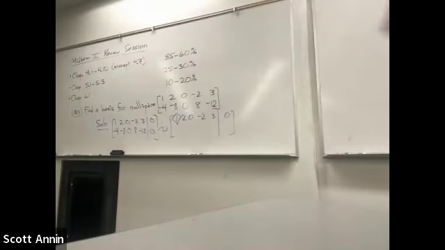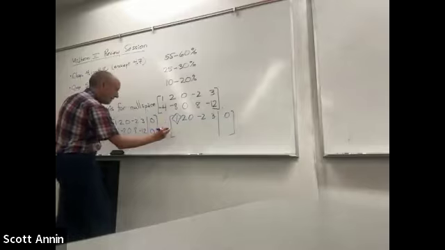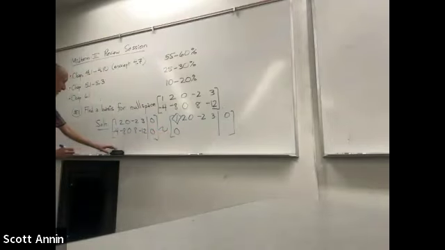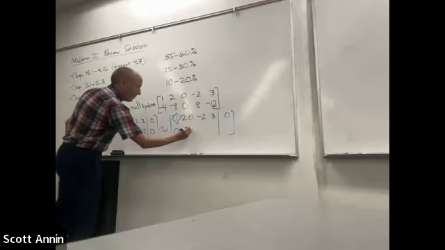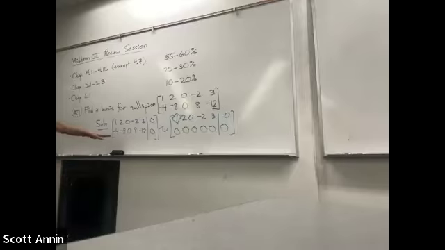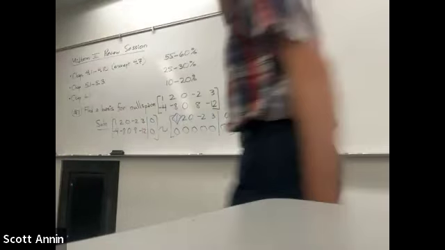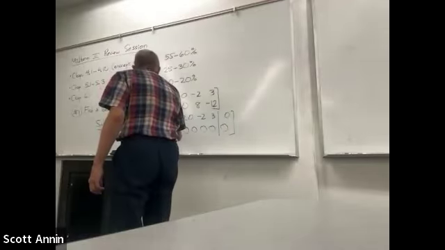But if I take 4 times the first row and add it to the second row, I can get the second row to actually zero out. It completely zeroes out because the second row is actually just a multiple of the first row. So I tried to start off with one that's pretty easy.